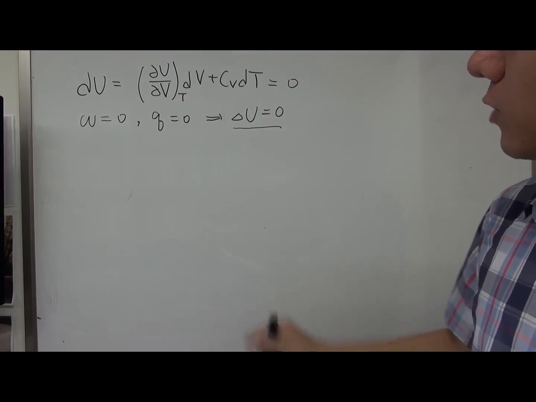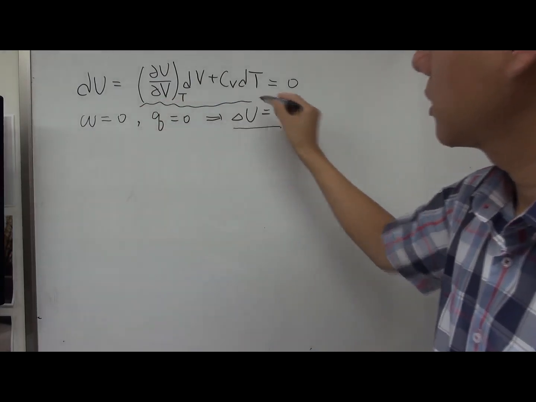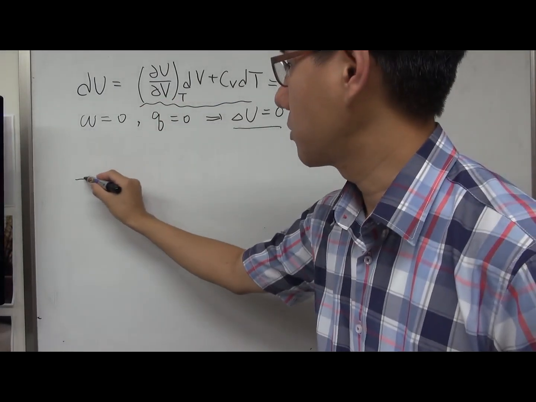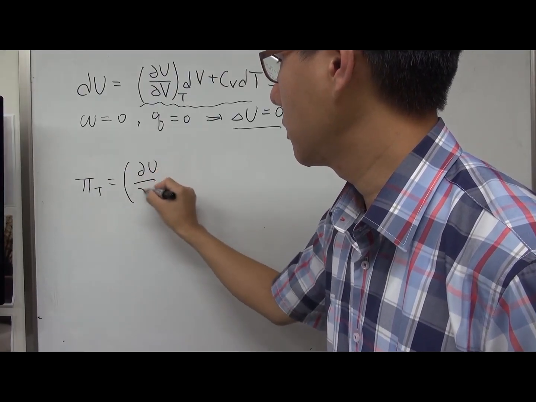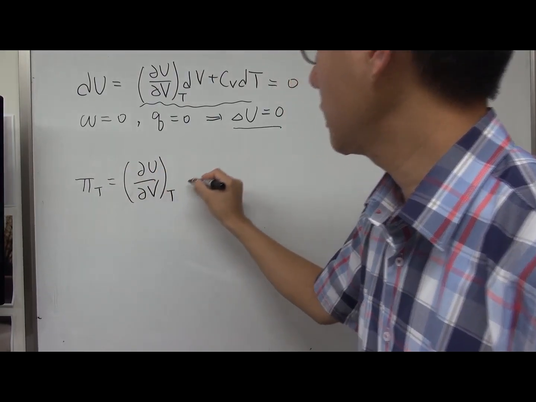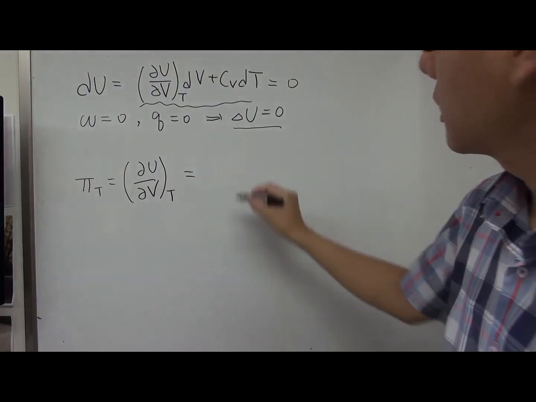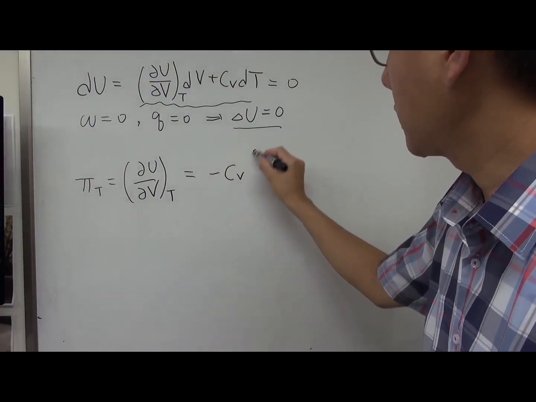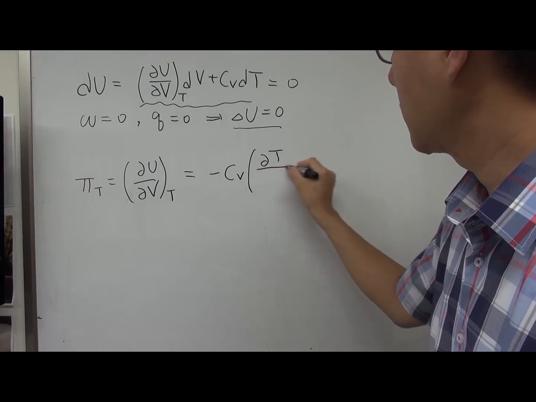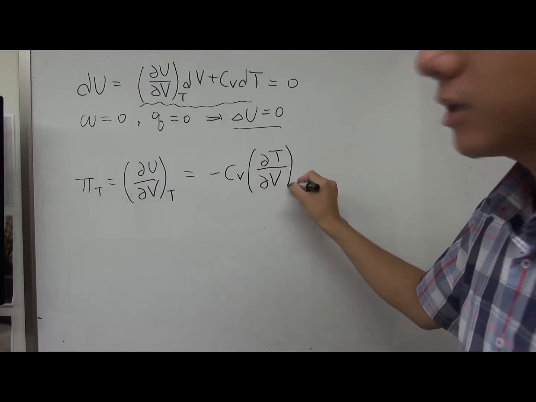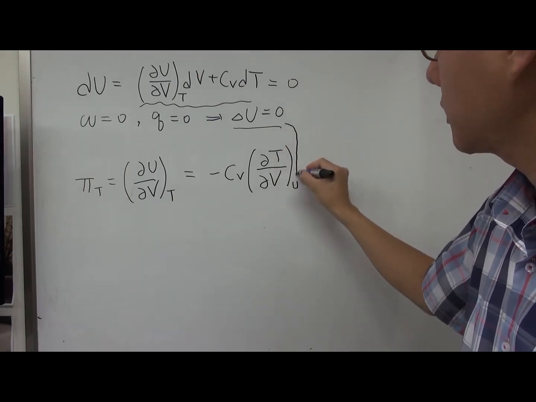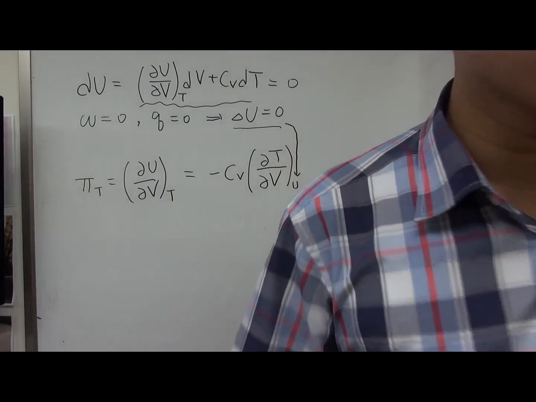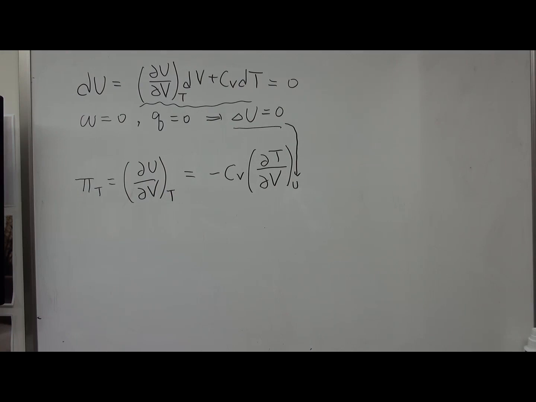Then, if you rearrange this, the internal pressure pi T, round U round V at constant T, would be minus C_V round T round V at constant U. U is constant, right? U does not change during this experiment.